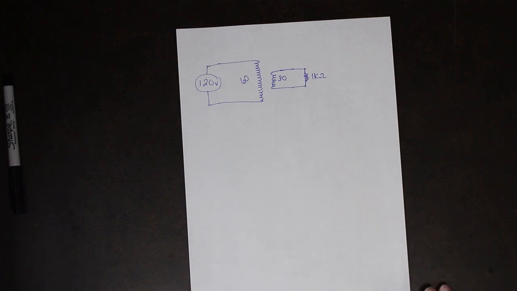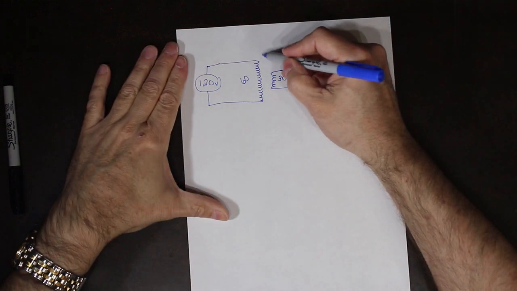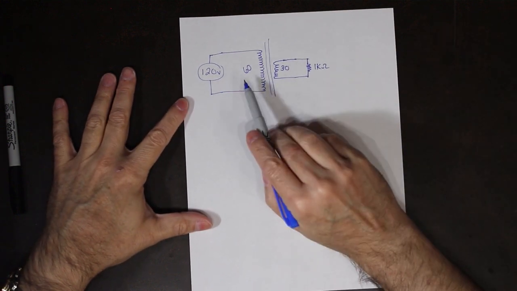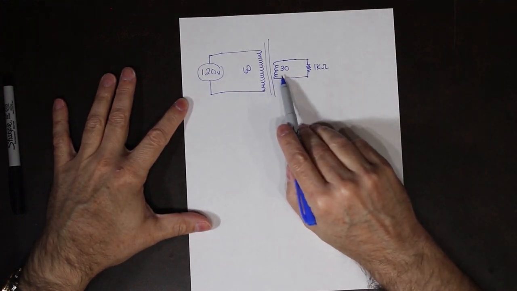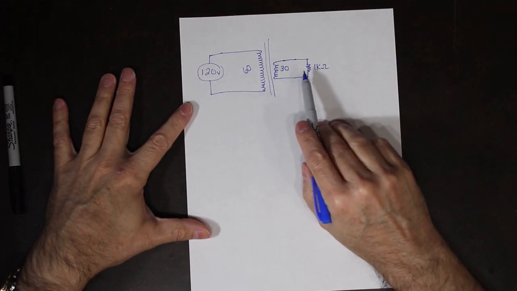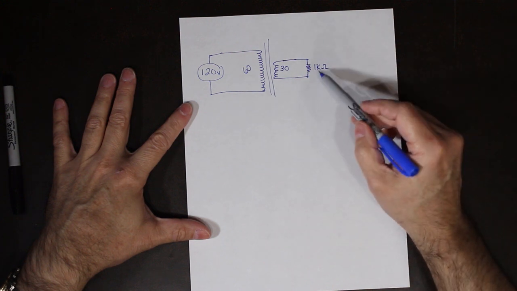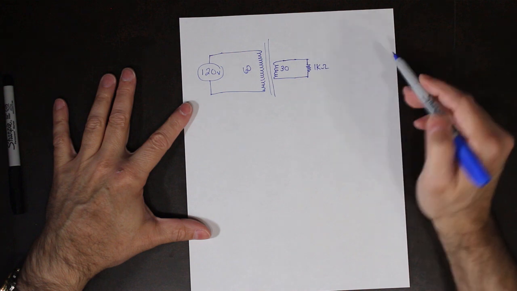So I'm going to solve for this circuit. Here is my transformer, 60 turns, 30 turns. I now have a load, if you will, on the secondary side. We'll call it 1K.